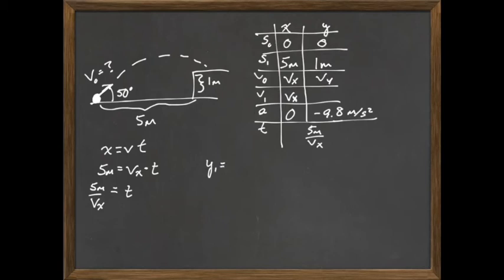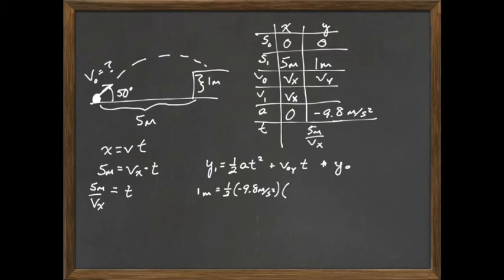So we've got y1 is 1/2 at squared, plus the initial velocity in the y direction times t, plus the initial vertical position. Let's go through this. The final y value is 1 meter. We know the acceleration is negative 9.8 meters per second squared.